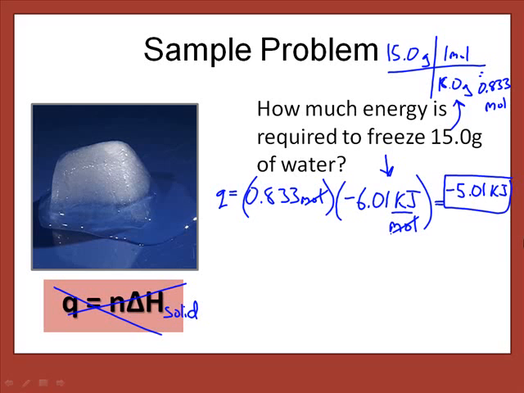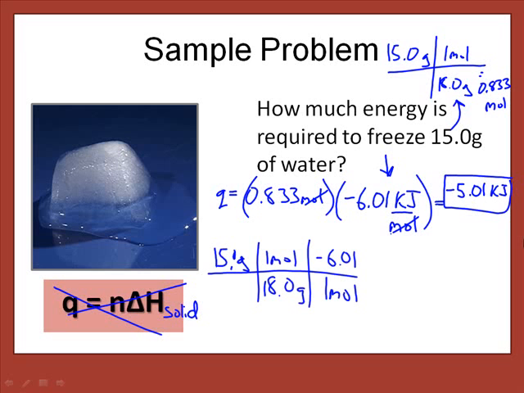So what we can do here is we can just start with our 15.0 grams, and for every 18 grams, that's 1 mole, and for every 1 mole, it's negative 6.01 kilojoules, and we end up with exactly the same thing. So you can factor label that, you can throw it into the equation, both answers will come out the same. Just watch your sig figs and have fun.